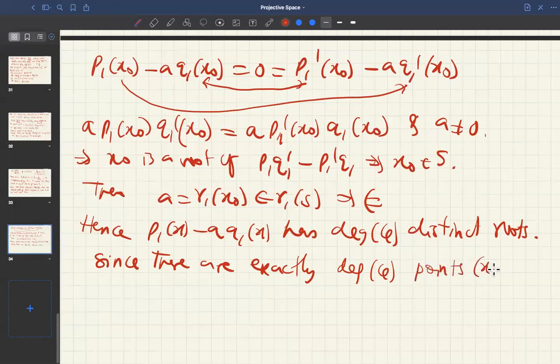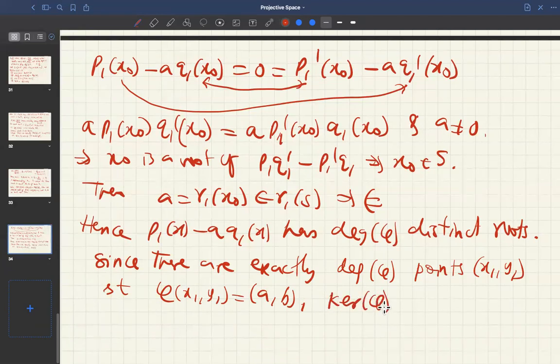points x1 y1 such that phi of x1 y1 is actually AB. Kernel of phi has degree phi elements.